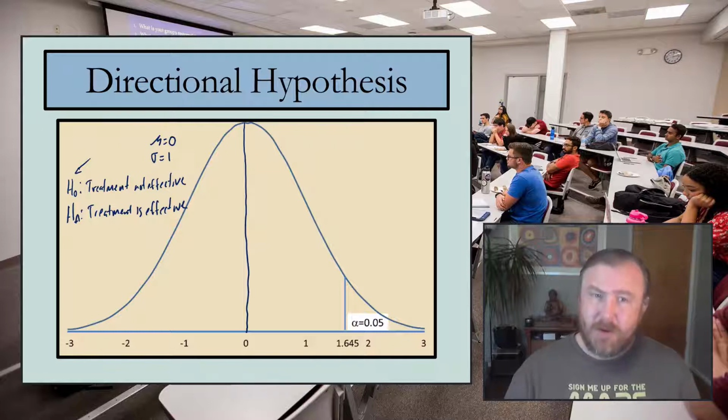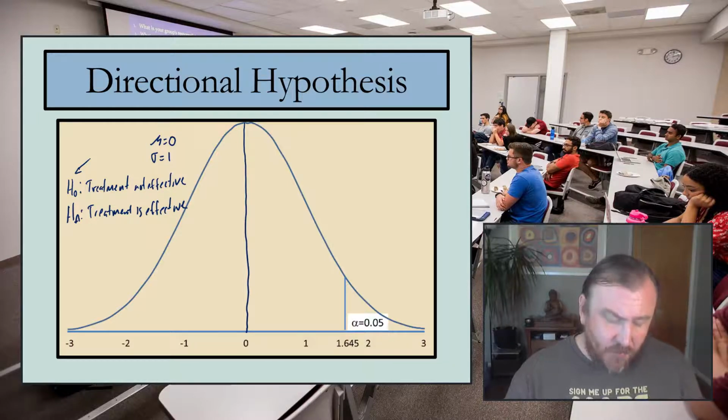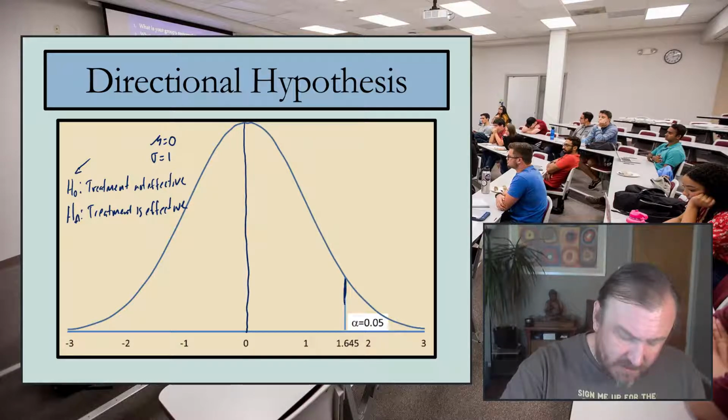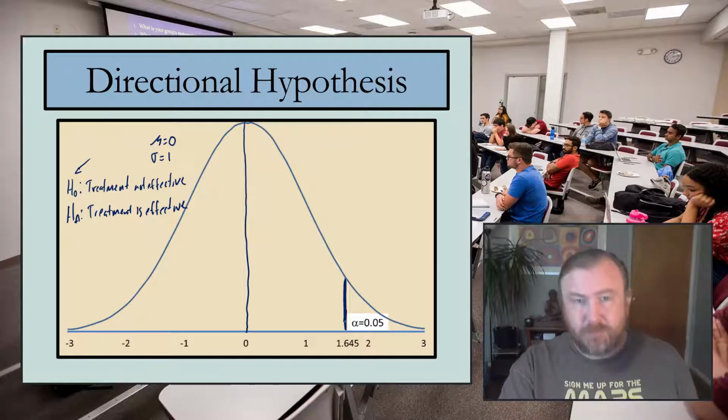Well, if you remember, we did all these problems where we took a normal distribution, a distribution of z-scores, and we did problems to compute what proportion of people score above a z-score of 1.645 or a raw score of some value.